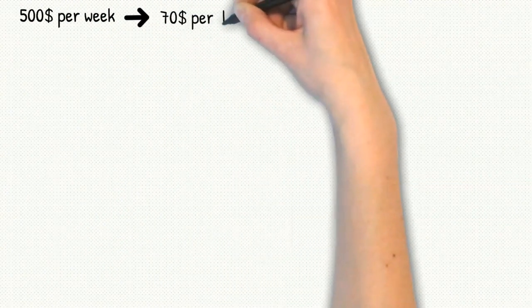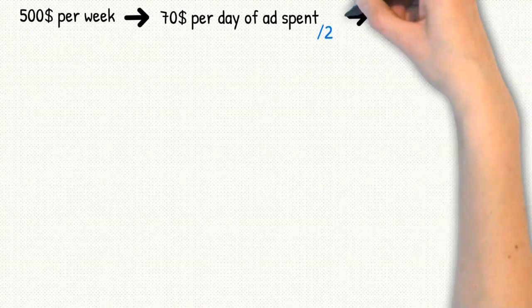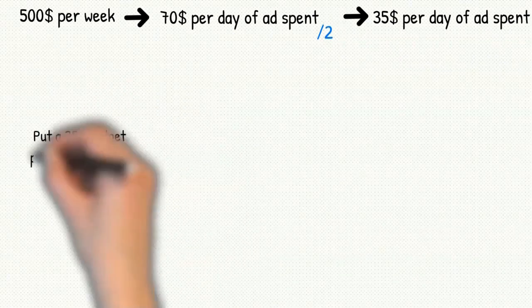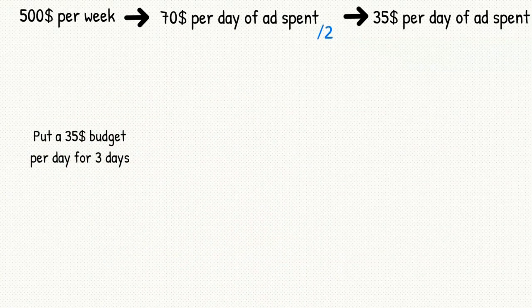$500 per week is a little bit more than $70 per day of ad spend. You take these $70 and divide it by 2, which gives you $35 per day. I recommend you to put a $35 budget per day for 3 days and see how many sales you get.